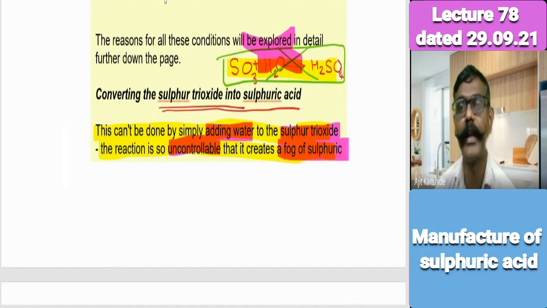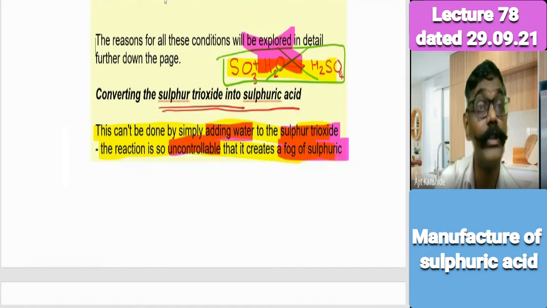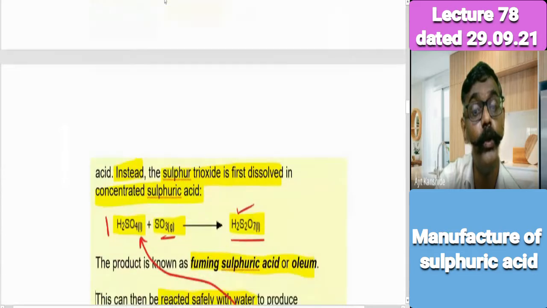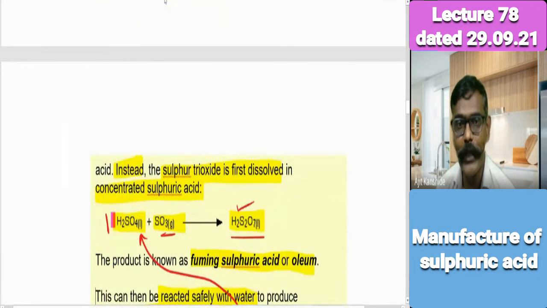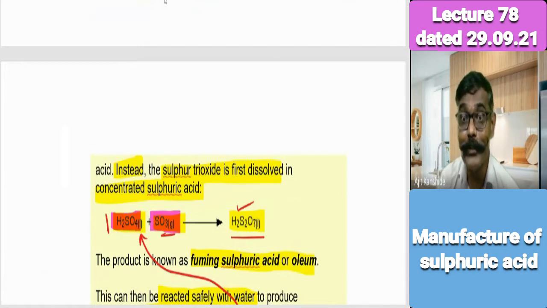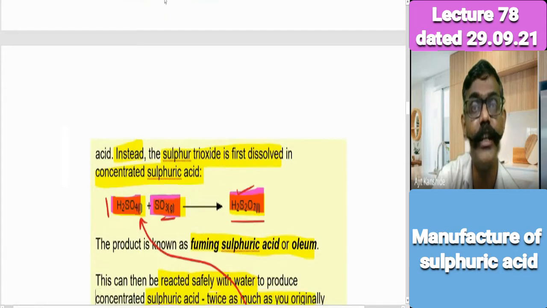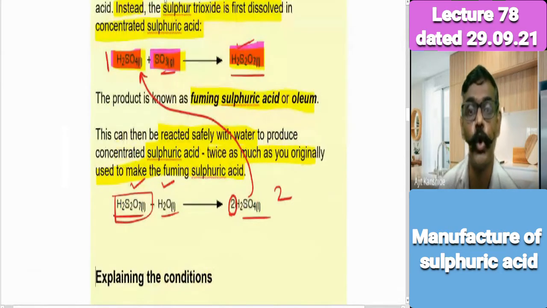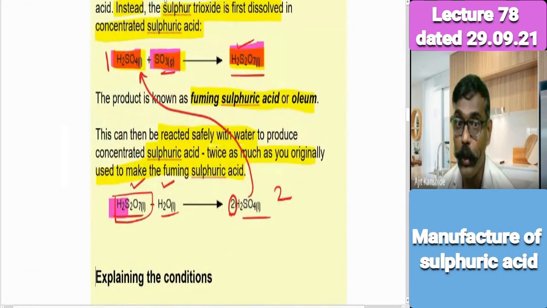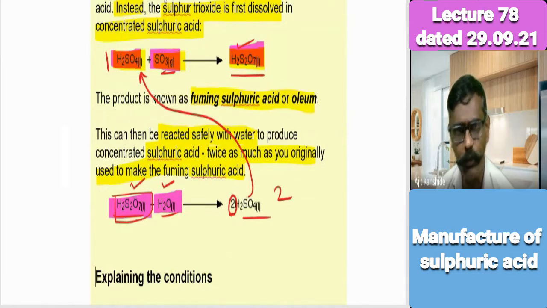A fog of sulfuric acid will be obtained. Therefore, it is not recommended. Then what to do? The solution is to combine sulfuric acid with sulfur trioxide. What will be the result? The result will be oleum, called fuming sulfuric acid, H2S2O7. Later on, this oleum will react with water. We add a little water and we will get H2SO4.